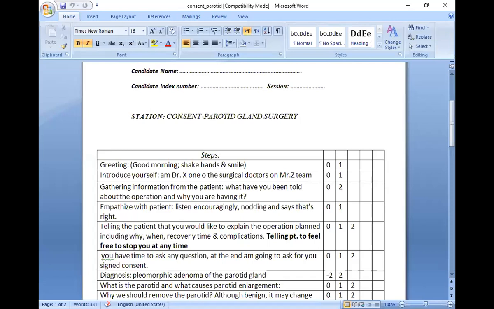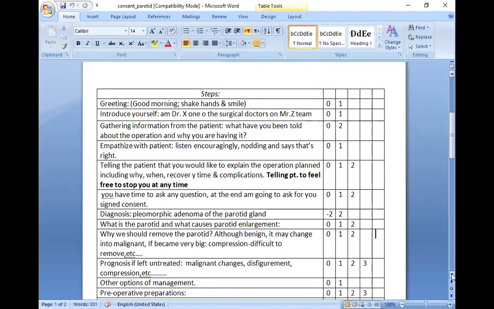And tell the patient that you would like to explain the operation plan, including why, when, recovery time, and complications, and that he should feel free to stop you at any time. You see the level of communication here is a little bit difficult. It becomes difficult when it comes to taking consent from the patient.